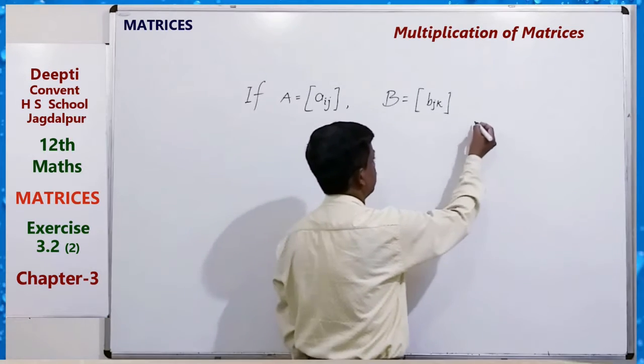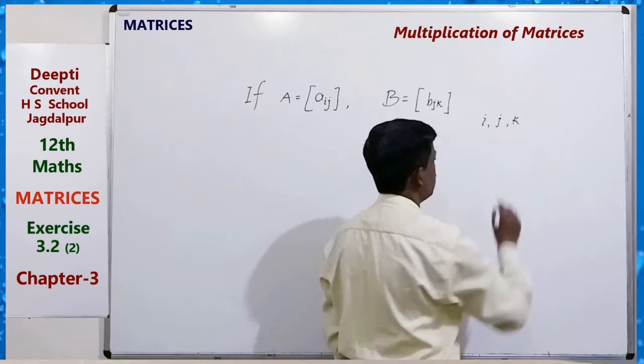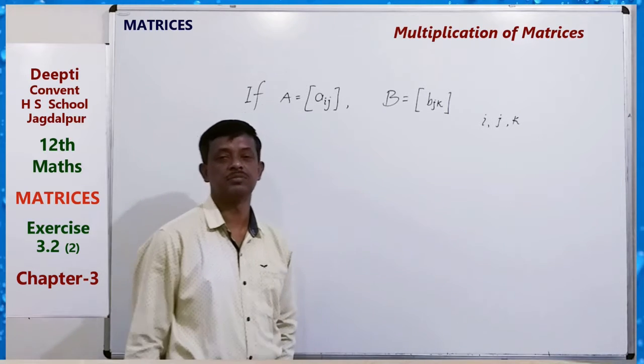Here three indices are there, I, J, K. This is the general format. I equal to some value, J equal to some value, K equal to some value.